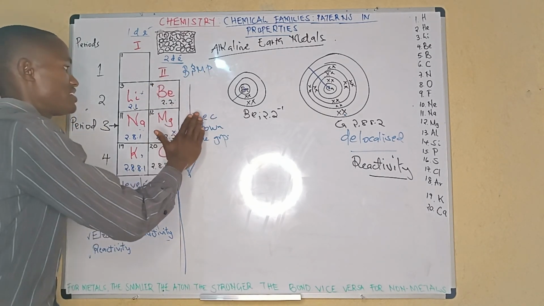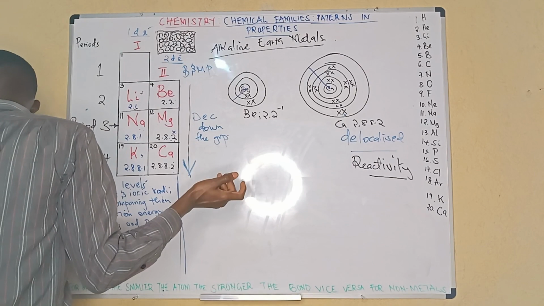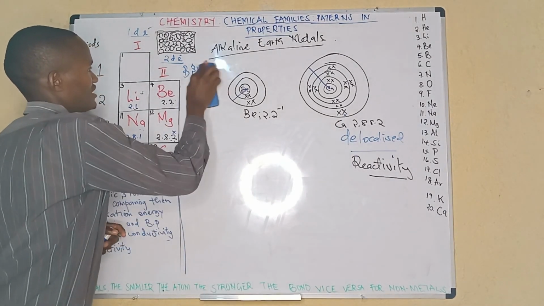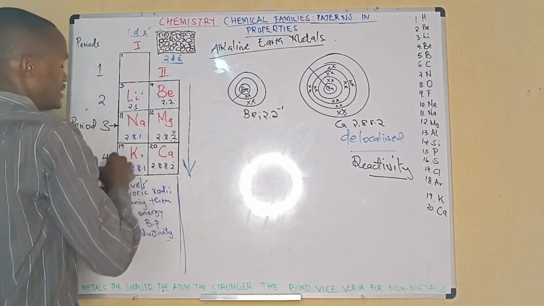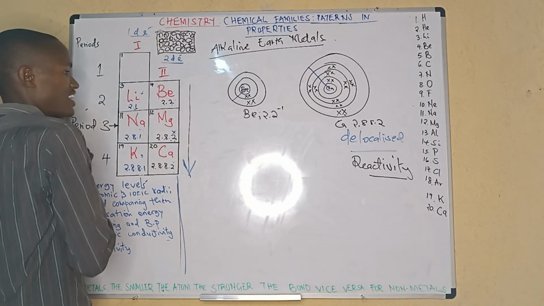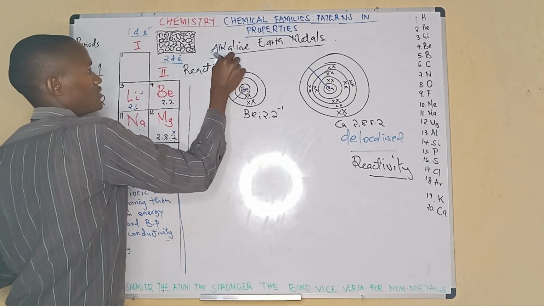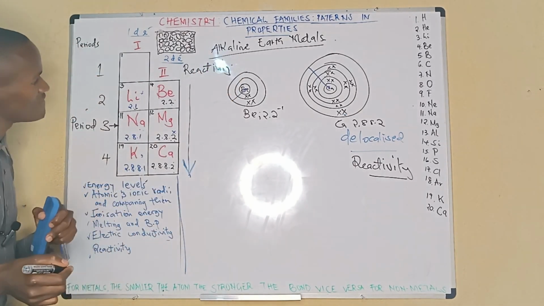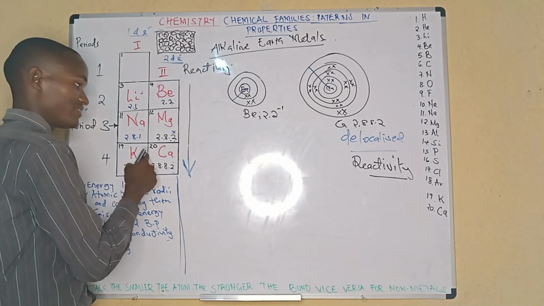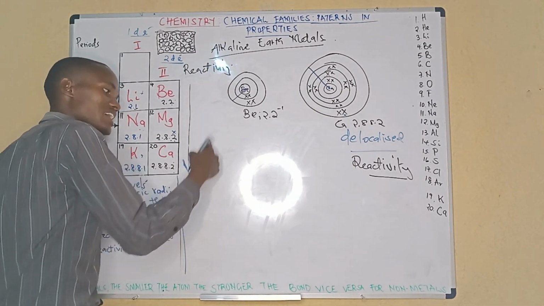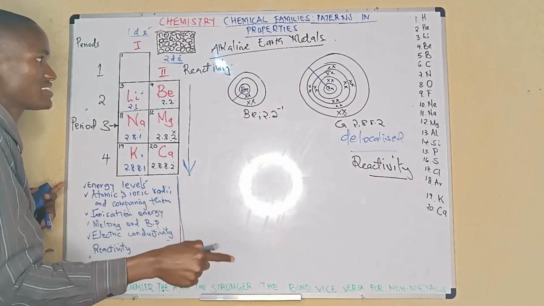Therefore for reactivity, we can use our arrow here. We are talking of reactivity, how reactive they are. This one is the most reactive, but the arrow points downwards. It does this down the group.